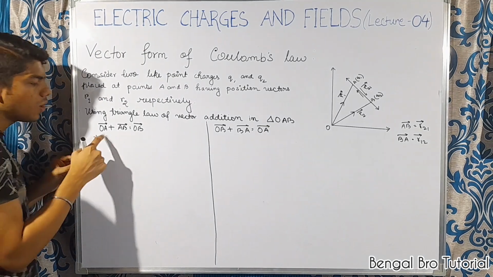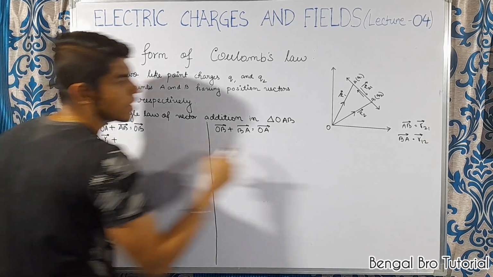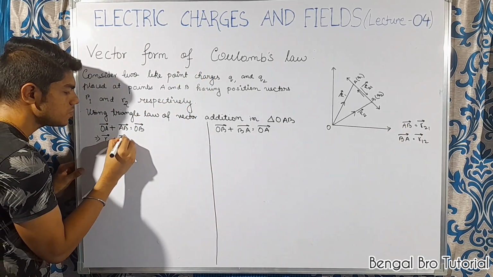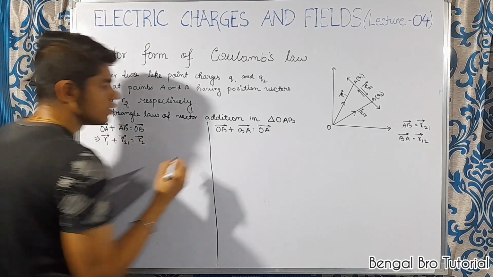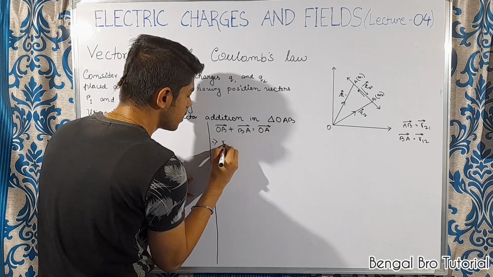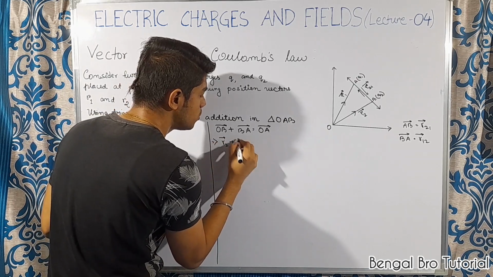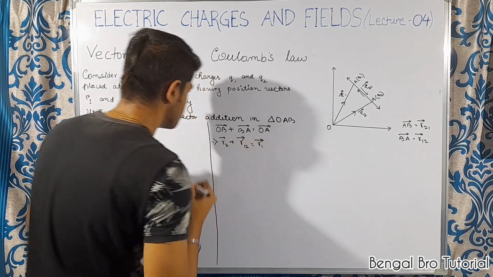Okay. Now OA vector is equal to R1 vector. AB vector means R21. And OB vector means R2 vector. Similarly here also, R2 vector plus R12 vector is equal to R1 vector.